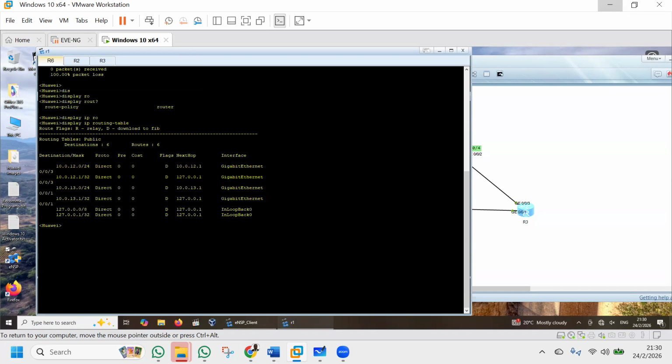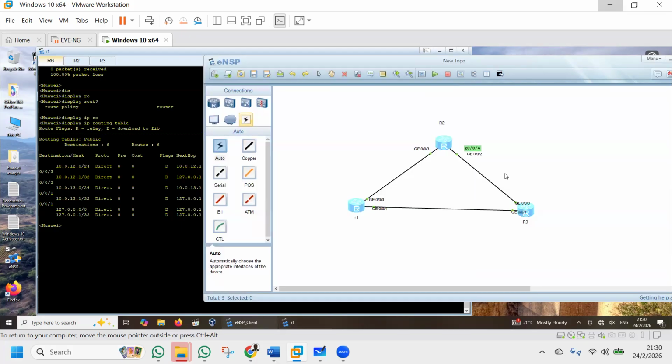If a network is not in the routing table, it means the router will not be able to get to that network. So in this example, you can see some networks are missing already. Let's be visual. The network is 10.0.12.0/24. Then here we have another one, 10.0.13.0/24.